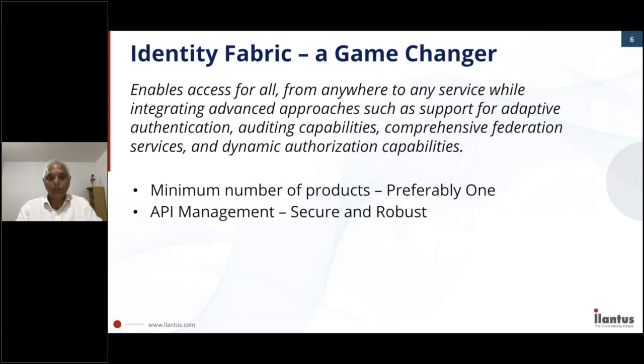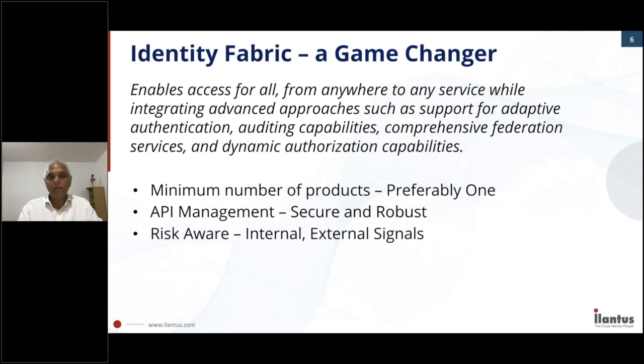It should have very secure and robust API management, because when you are trying to connect hundreds of services in the organization over a period of time, at a very rapid pace, to various services that are available from the IAM, then API management becomes an extremely important criterion.